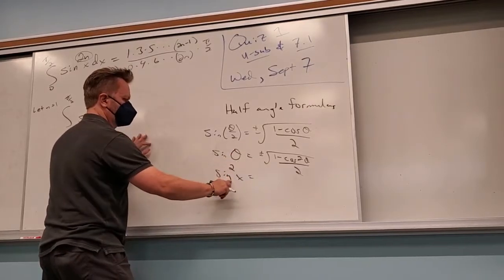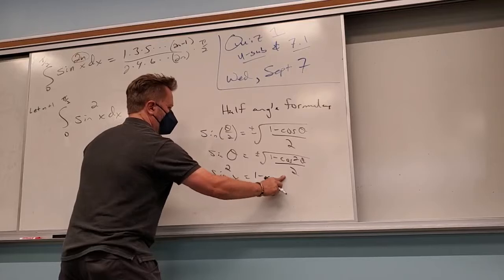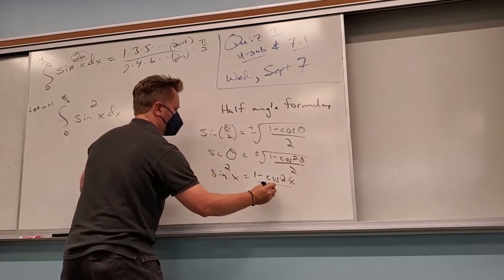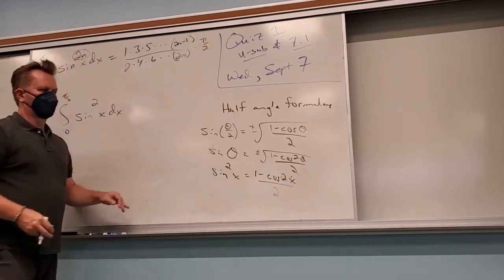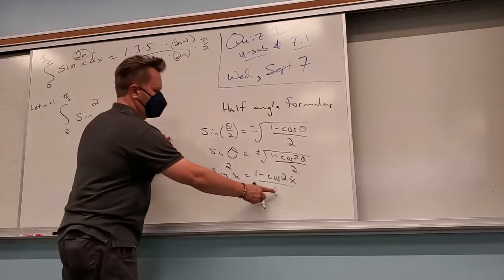Square both sides, don't you get sine squared? Let me make this an x. Aren't you working backwards now from sine squared plus cosine squared equals 1? No, definitely not. Not even close.